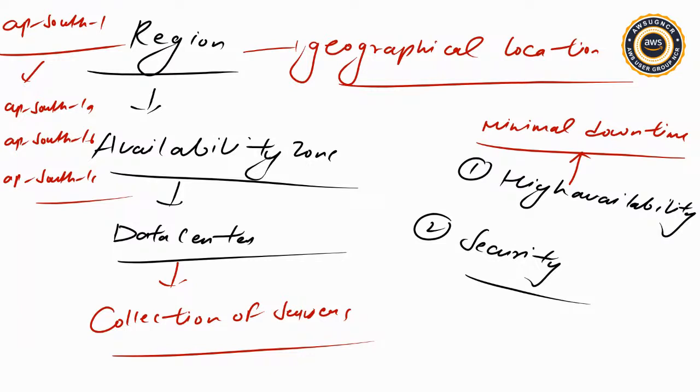Okay. We have other components also as a part of the global infrastructure. If someone is interested, I'll provide you the reference for that. But you have to remember these three major keywords: region, availability zones, and data centers. Okay.